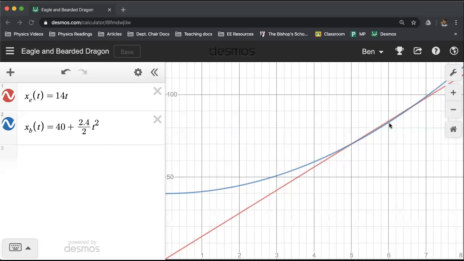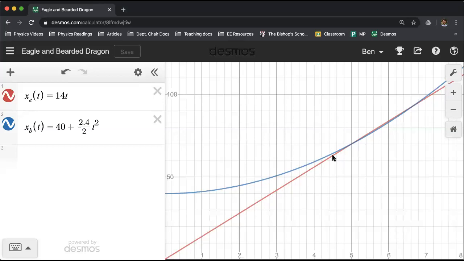Okay, so this is a Desmos plot of the final position of the eagle, which is the red line, and the final position of the bearded dragon, which is the blue line. You can see what happens here. The eagle's moving at constant velocity, so the eagle's position just increases linearly in a straight line. That's pretty cool.